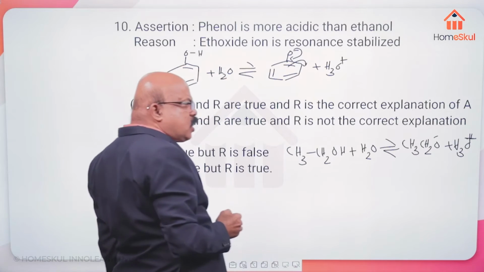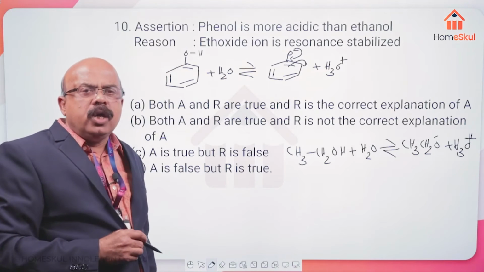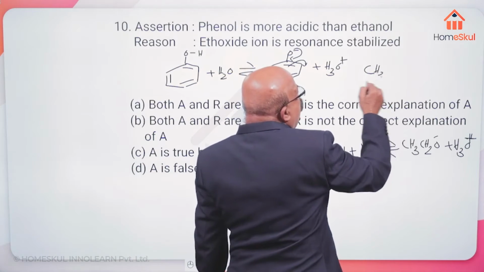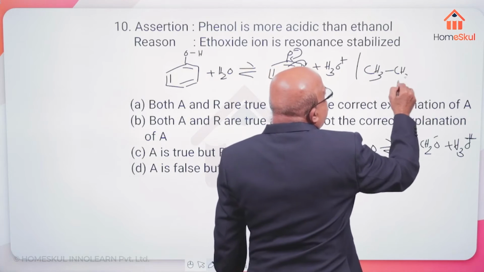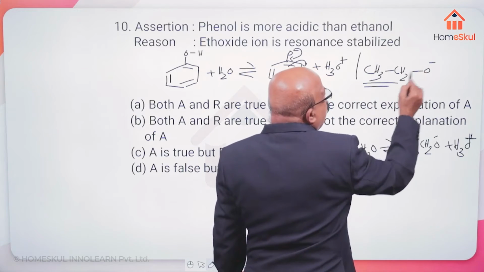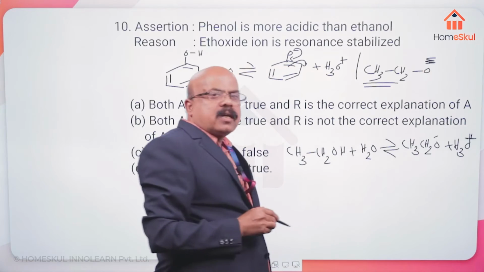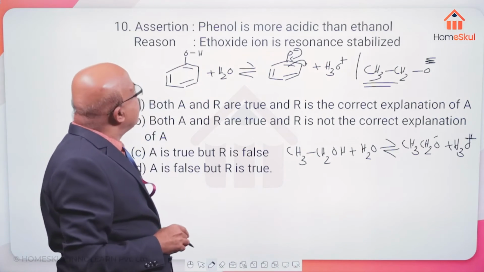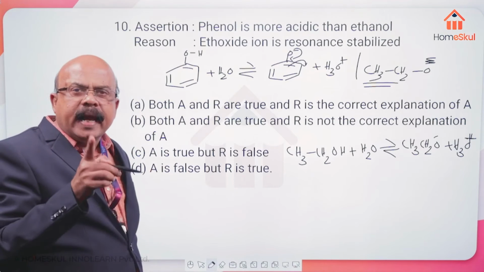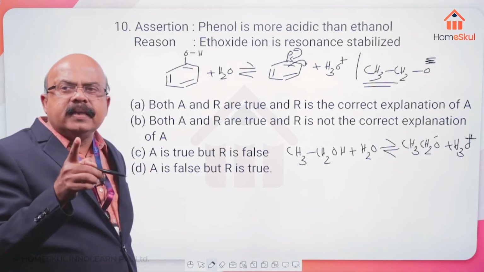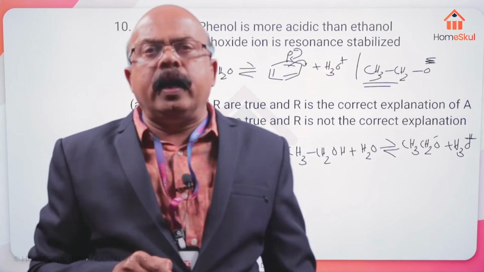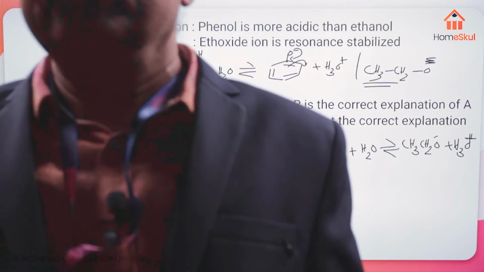No such resonance is possible in the case of the ethoxide ion. Not only that, in the ethoxide ion, due to the plus I effect of the alkyl group, the electron density around that oxygen is higher. So you have to remember that phenol is more acidic than ethanol.